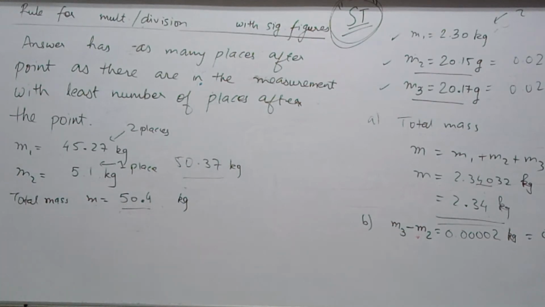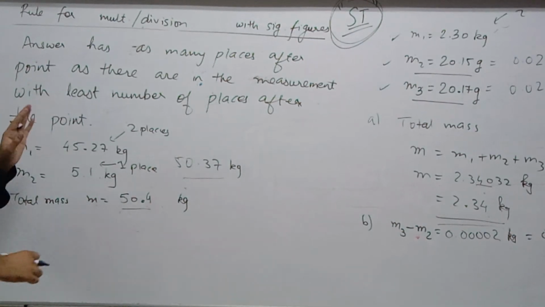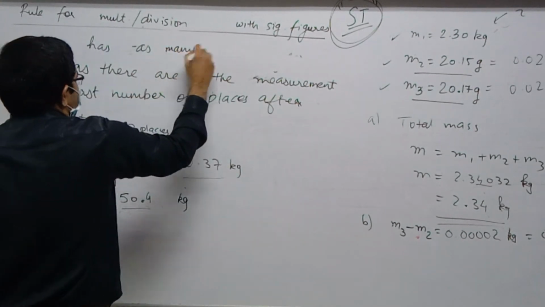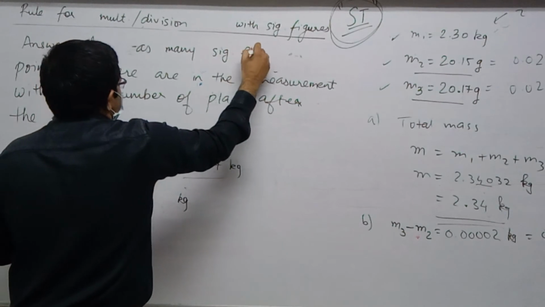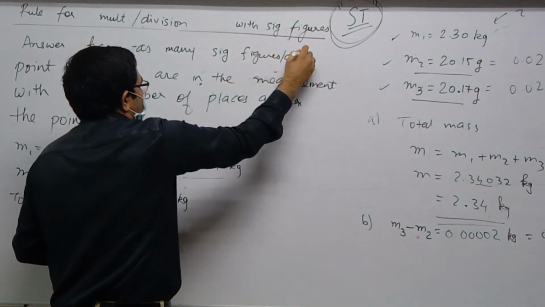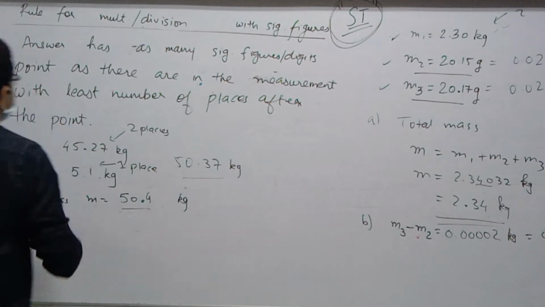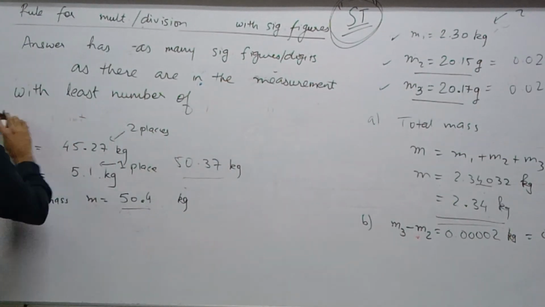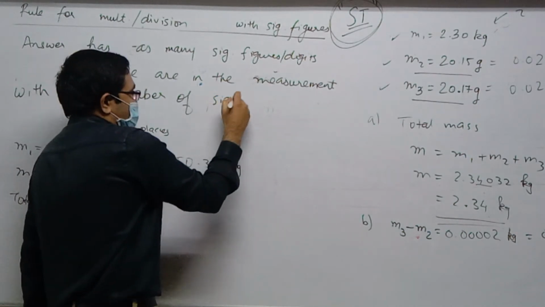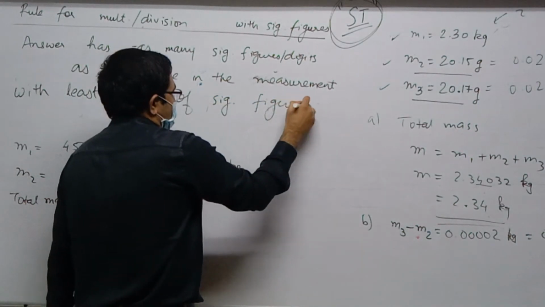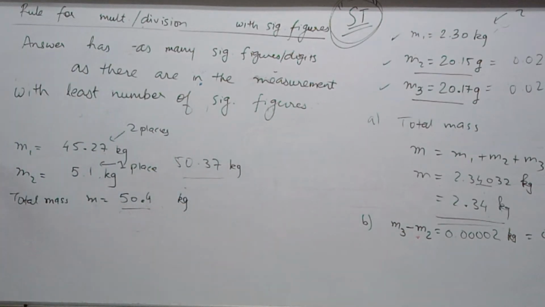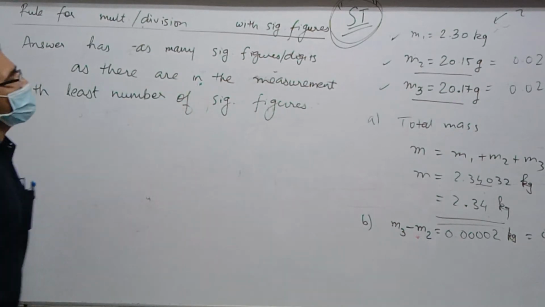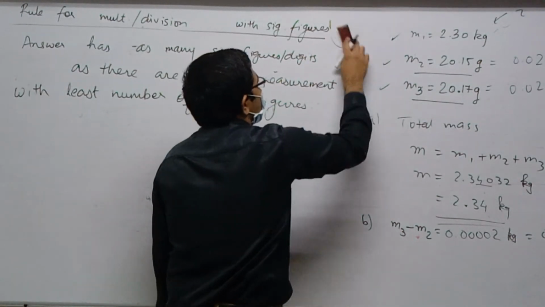The answer has as many significant figures or digits as there are in the measurement with the least number of significant figures. In fact, this is actually easier to use than the addition rule. So this is the rule for multiplication and division. Okay?